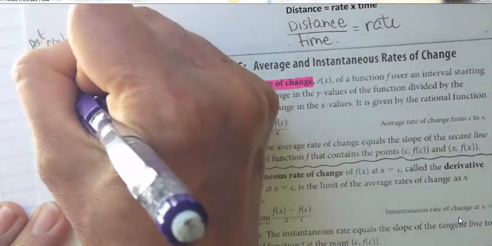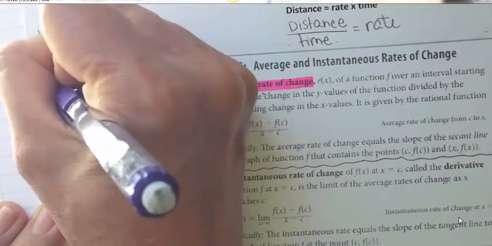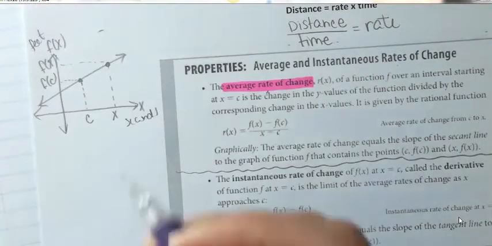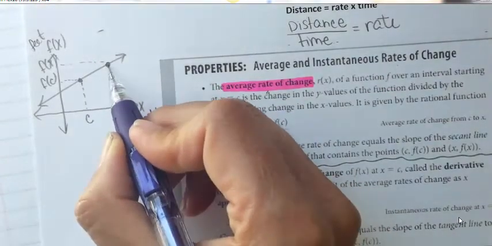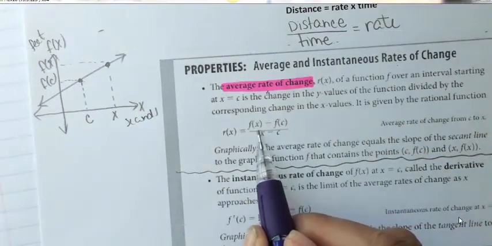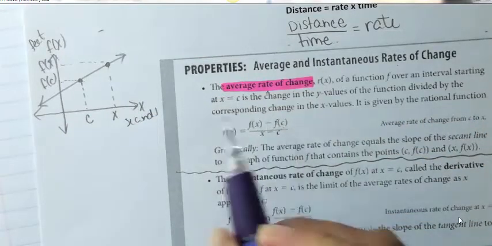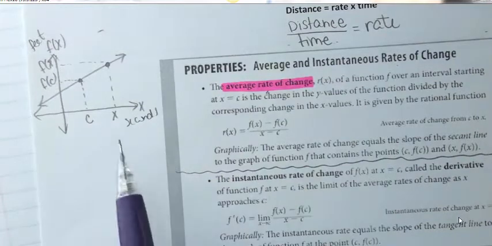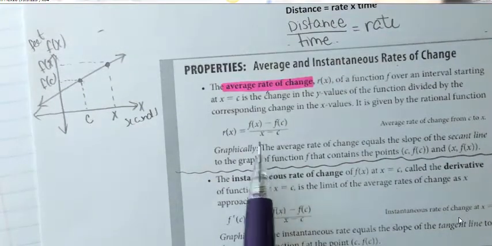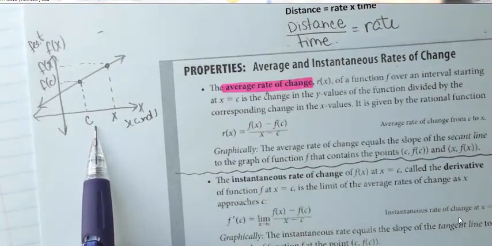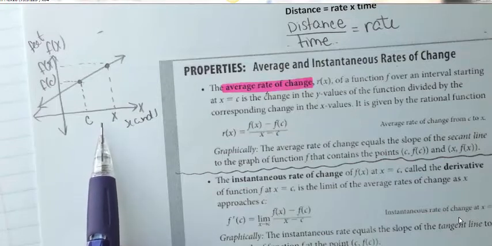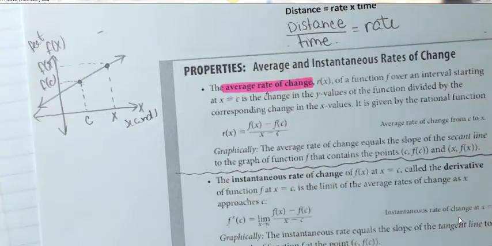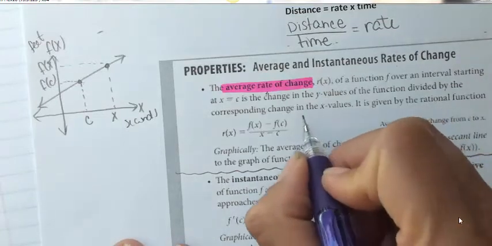And their corresponding outputs, well, this one would be f of C, and this one here would be f of x. And I could find the rate of change between the two by basically doing f of x minus f of c, right? Change in the y's, over x minus c, change in the x's. And right there, that's what gave me, wait for it, this is basically slope, right?